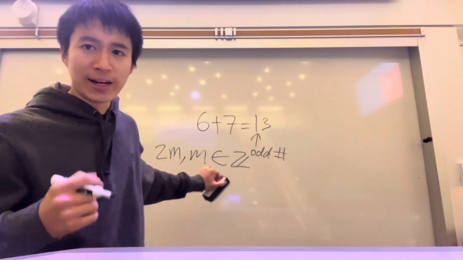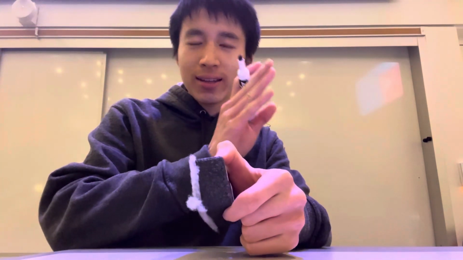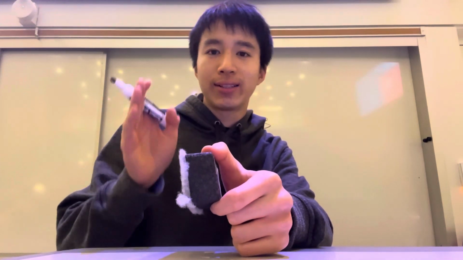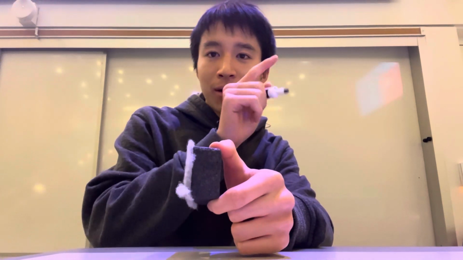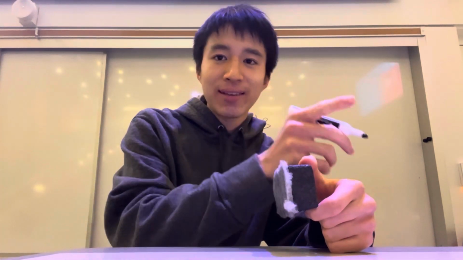Now, how do we define an odd number? Well, you can think about it like this: everything that's 1 after an even number is an odd number. For example, 2 is even, 1 after 2 is odd, and then 1 after 3 is even, and then 1 after 4, which is even, is odd. So you see how it's alternating even, odd, and it's always off by 1.